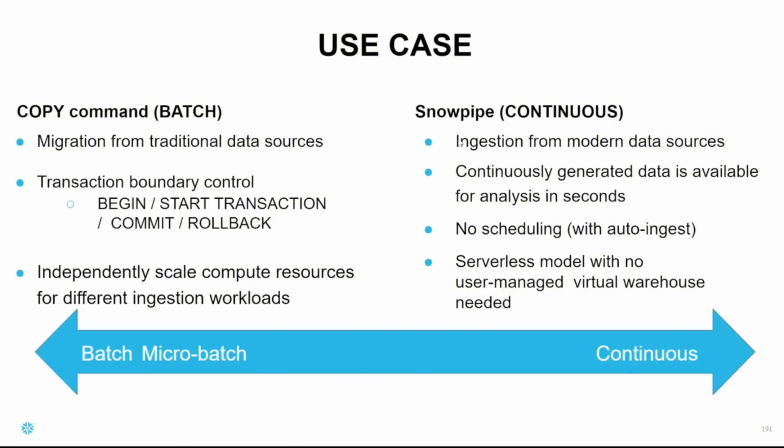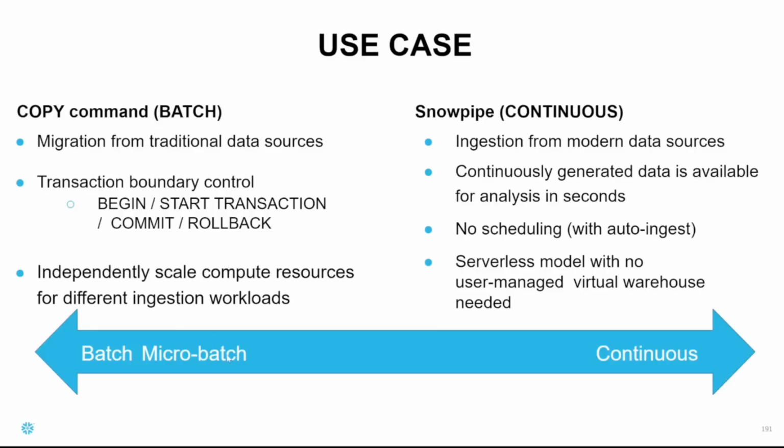If the data is coming from a modern data source such as an API, Kafka or Kinesis into Snowflake, then the best option is to use Snowpipe, because the data is continuously coming from these modern data sources and you have to ingest that data into your data warehouse. So you can deploy Snowpipe.